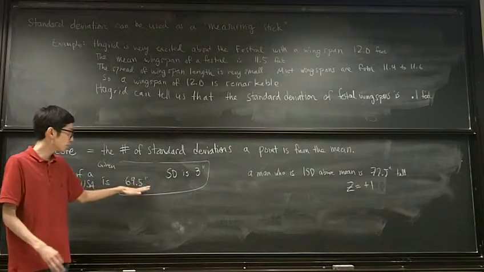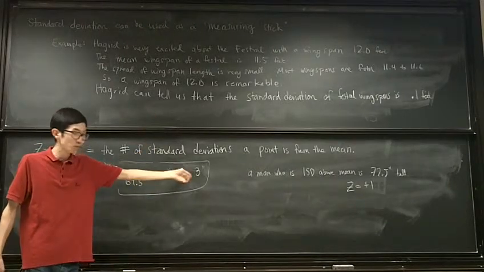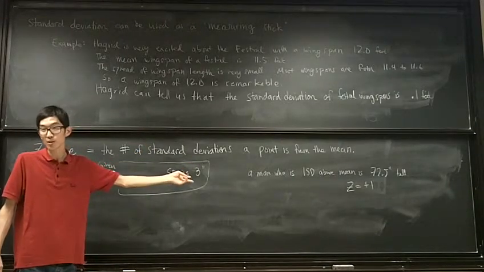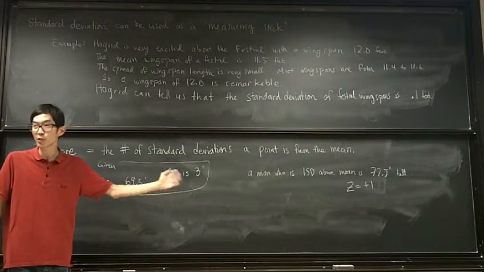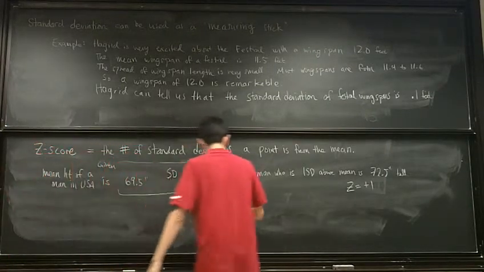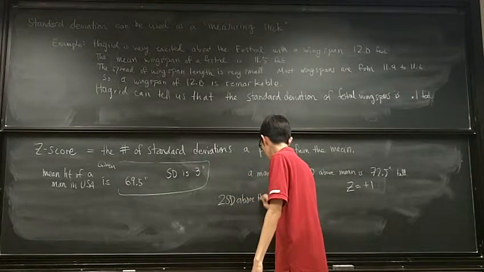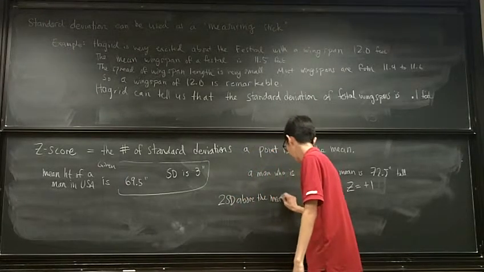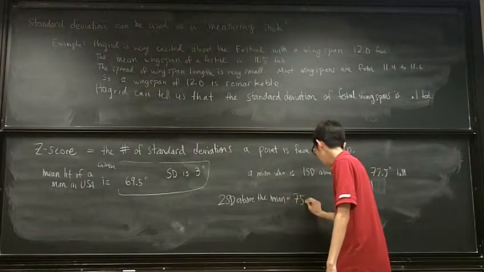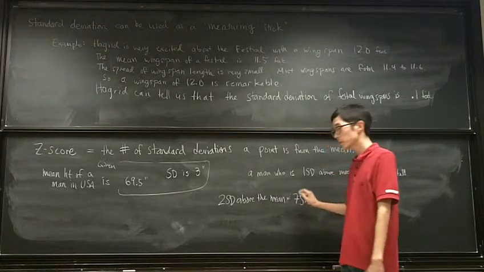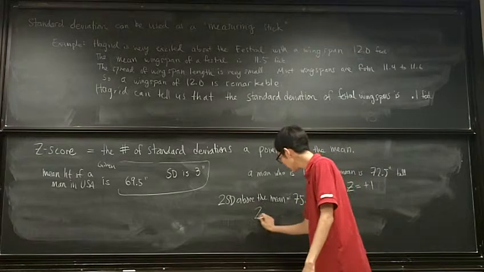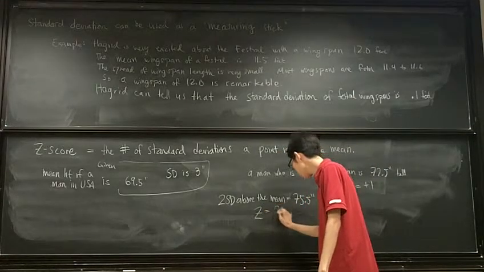I do 69.5 plus 2 times 3, which is 6 inches, gives me 75.5. So 2 standard deviations above the mean is 75.5 inches. And this would have a z-score of +2.